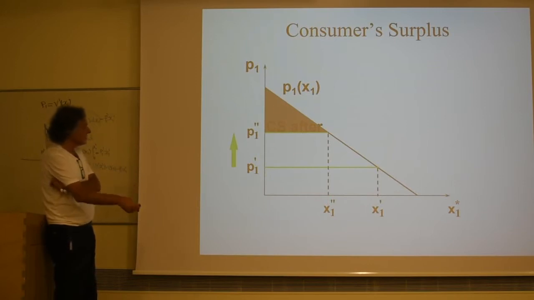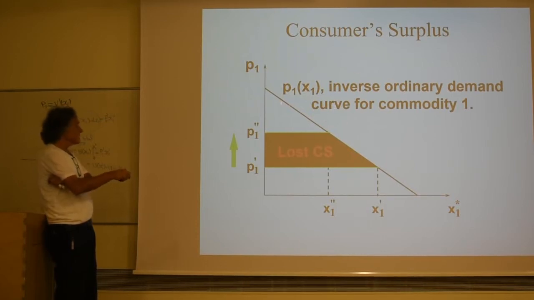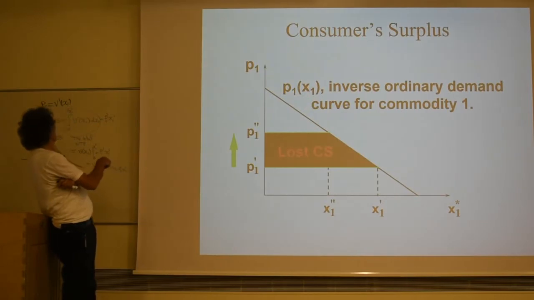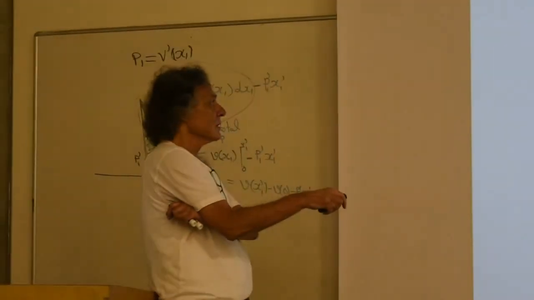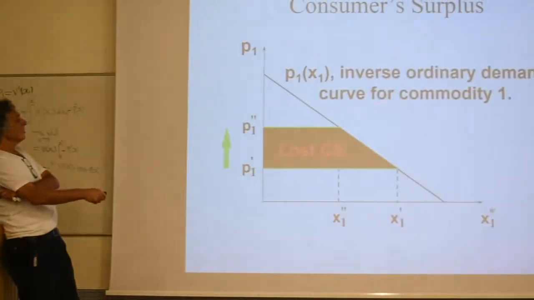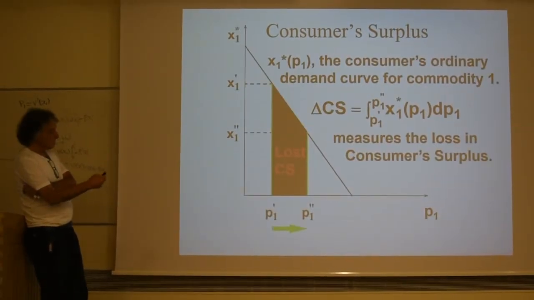So I'm losing this. This is the loss of consumer surplus. P1 of X1 is the inverse ordinary demand curve, that's how price depends on X1. Remember, it's an inverse ordinary demand curve for commodity 1.